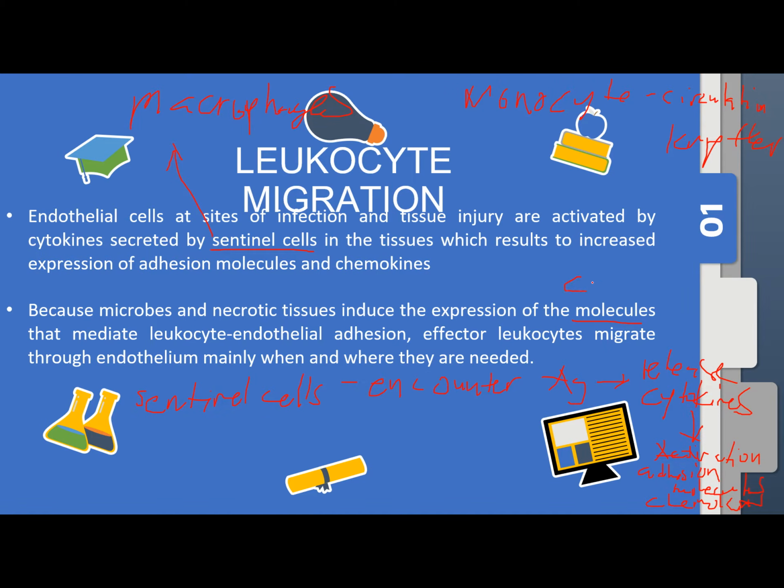Now, these molecules, class, are further known as your chemokines. These chemokines, class, would now mediate leukocyte endothelial adhesion, effector leukocytes, causing them to migrate. They will cause the migration of WBCs, the T cell and B cell, when and where they are needed, even the neutrophils and the monocytes. So I hope that was clear.